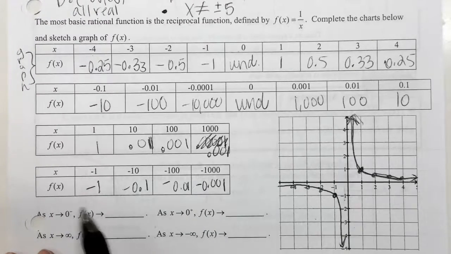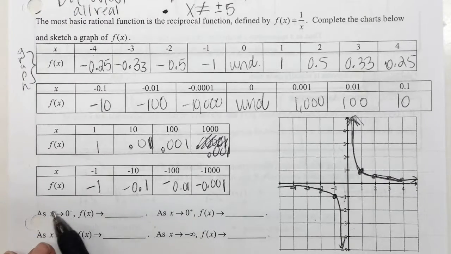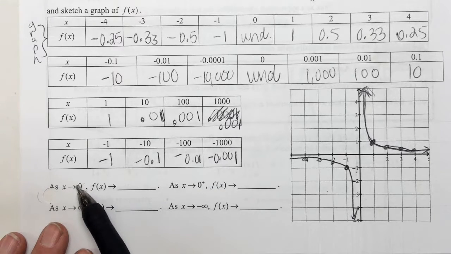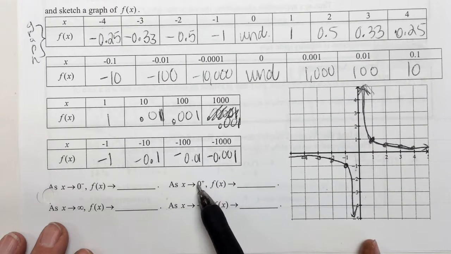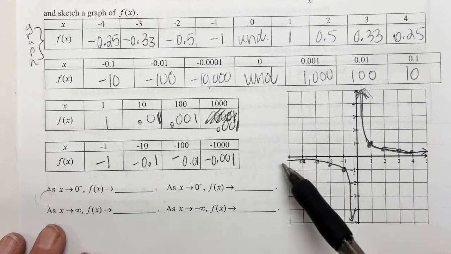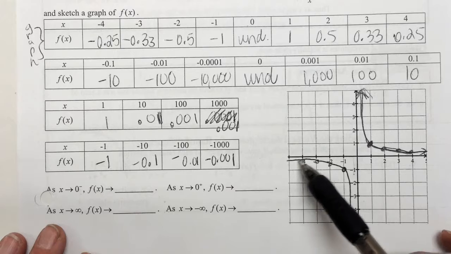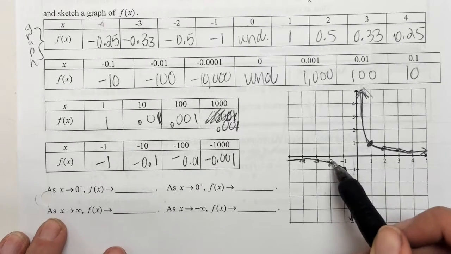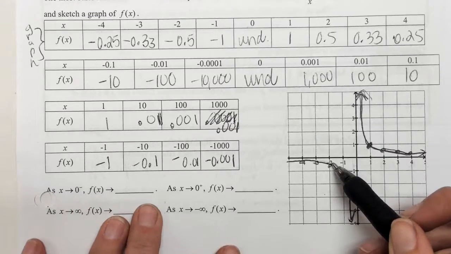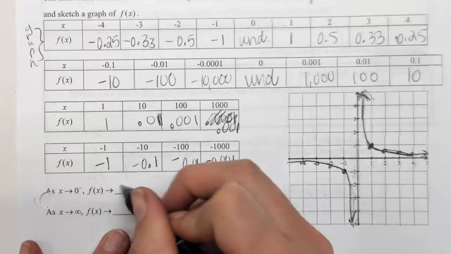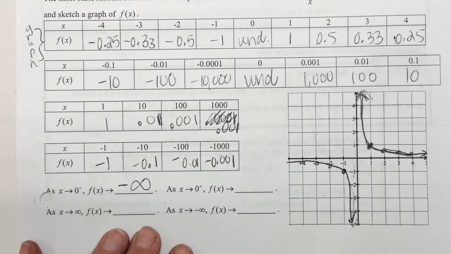Speaking of approaching, this says when x approaches 0 from the left, the minus sign means from the left, plus means from the right. So as x, these are my x values, is approaching 0 from the left, so that's this way, it's asking what is f of x doing, what's y doing? Well, y is approaching what? It's going down, approaching negative infinity.